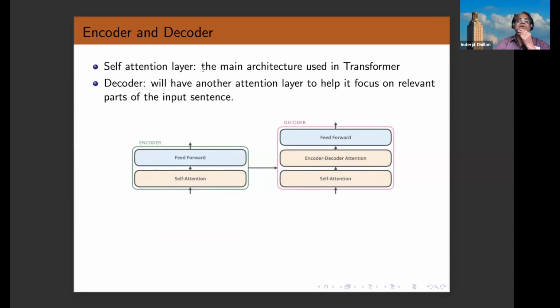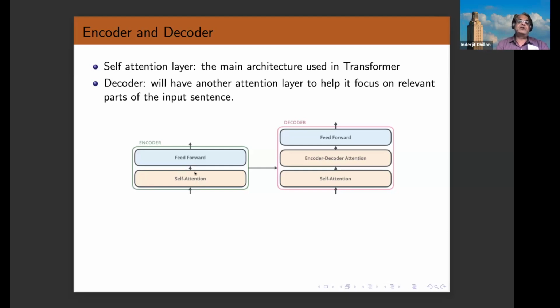So the self-attention is the main architecture used in the transformer. We'll look at that. Again, it will be a little bit similar to what we saw when we were looking at attention from the decoder to the encoder, but this is self-attention. So this is attention within the words of the input sentence or within the tokens of the input sentence.